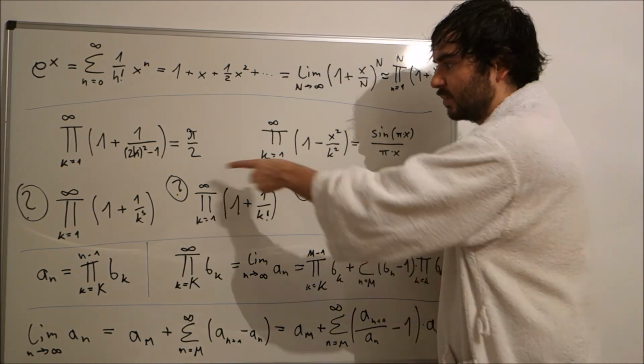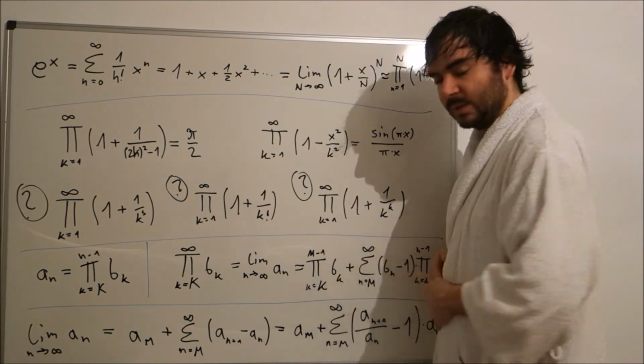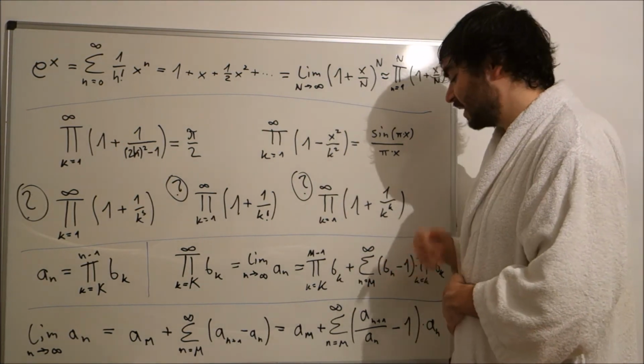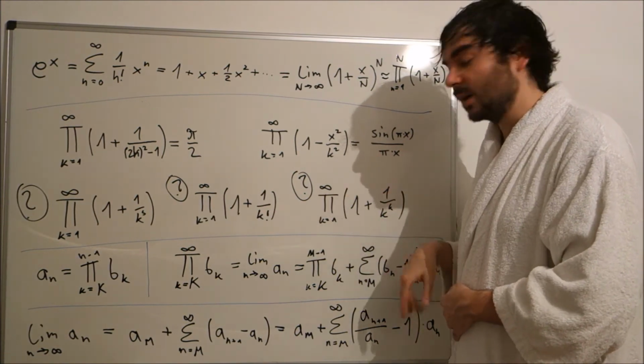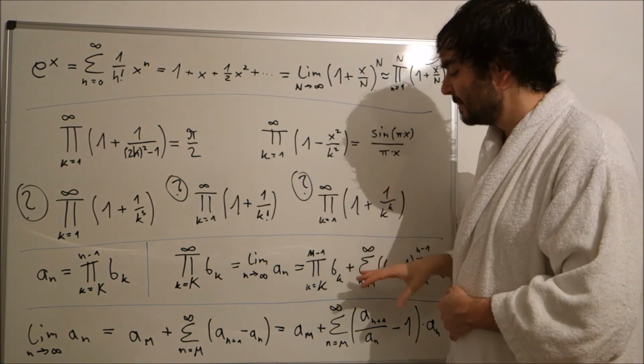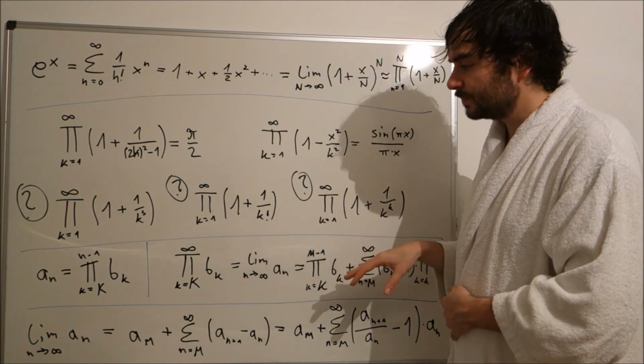So you can say this product is basically this product, and for the rest you can do classical analysis and see this sum is bounded by this number, and so you get some insight.